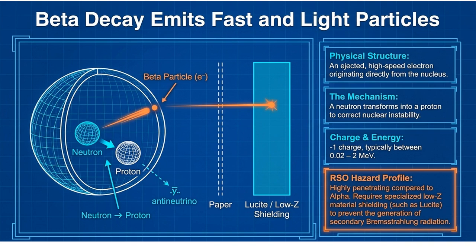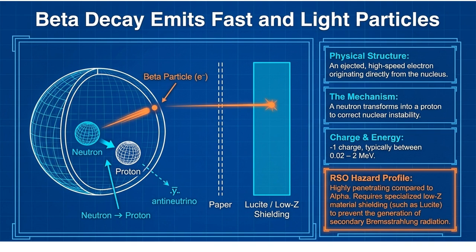Beta decay emits fast and light particles, specifically high speed electrons originating from the nucleus when a neutron transforms into a proton.